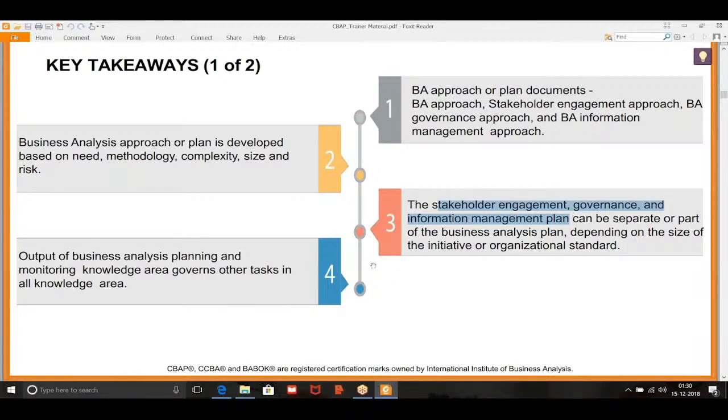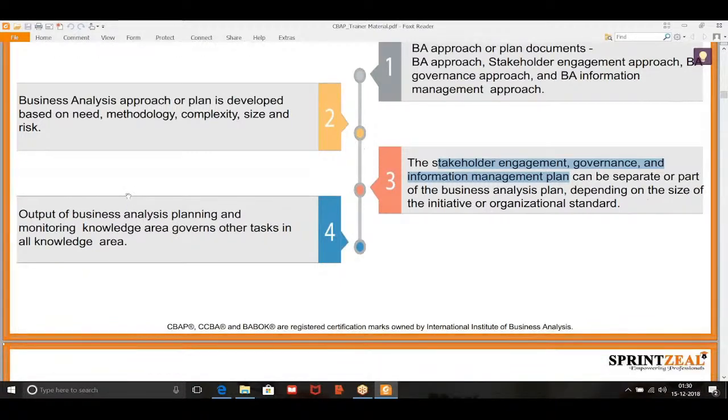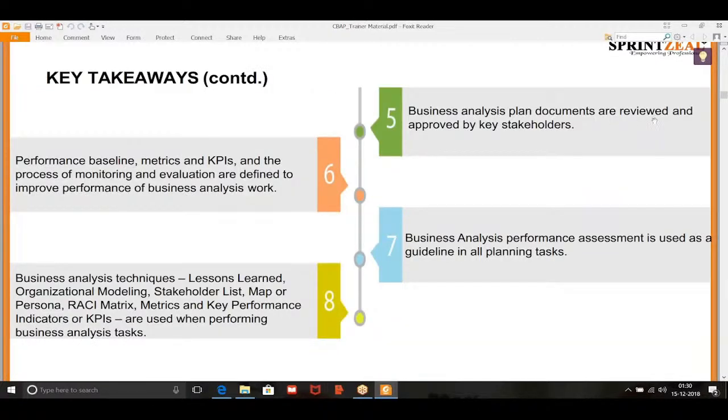We saw the output of the business analysis planning and monitoring knowledge area that governs other tasks in all knowledge areas. BA plan documents are reviewed and approved by key stakeholders.